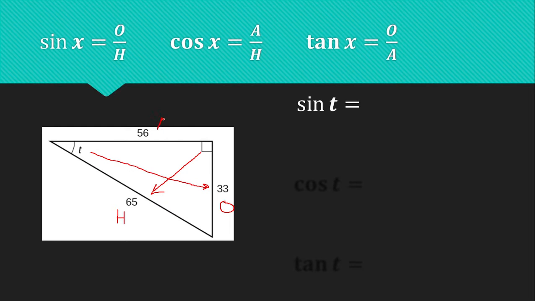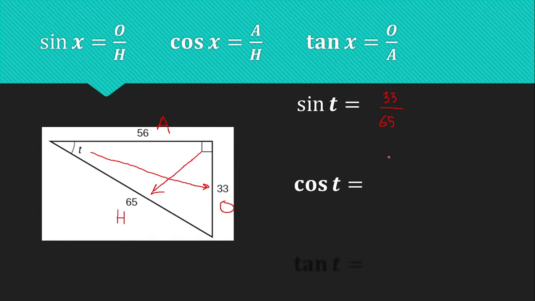And then the other one, 56, that's A. So now that I've labeled them, I can write my ratio, sine of T, and I see up here, sine is O over H, so I'm going to write the numbers that go with that. So that'll be 33 for O, over H is 65, so 33 over 65.